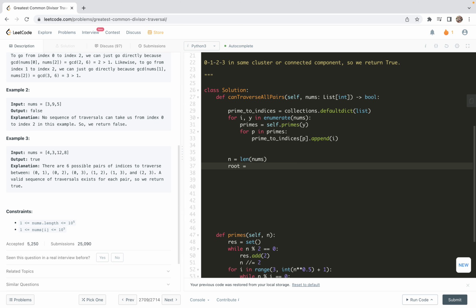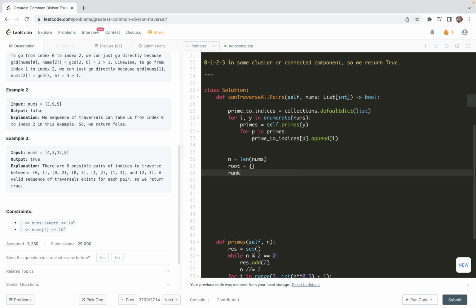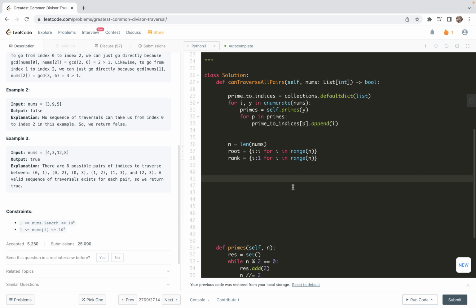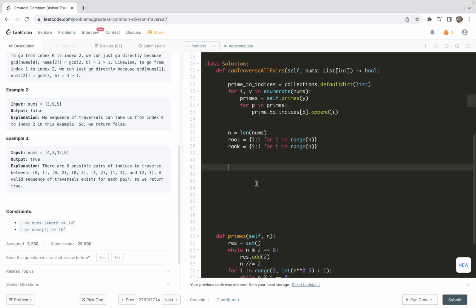So basically for p in primes, we are going to do prime to indices p and append this corresponding index, right? This way, we could get all the prime factors, like in this example 2 and 3, and then the associated indices. The associated indices mean that the corresponding element at those indices contains this prime factor.